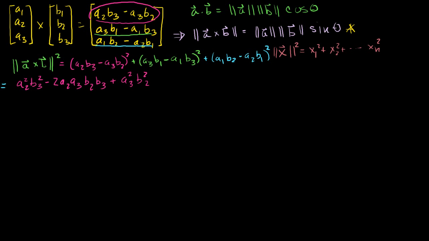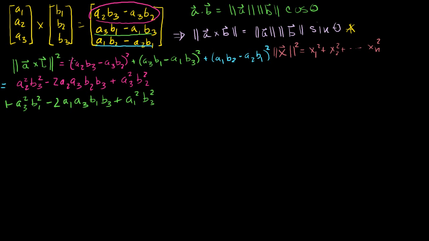And then I have to add this term. So plus a3 squared b1 squared minus 2 times both of these terms multiplied, minus 2 times a1 a3 b1 b3 plus that term squared, a1 squared b3 squared.